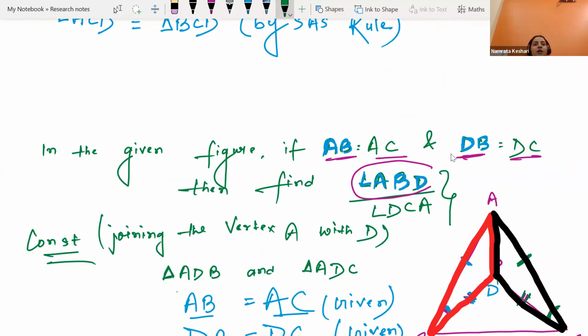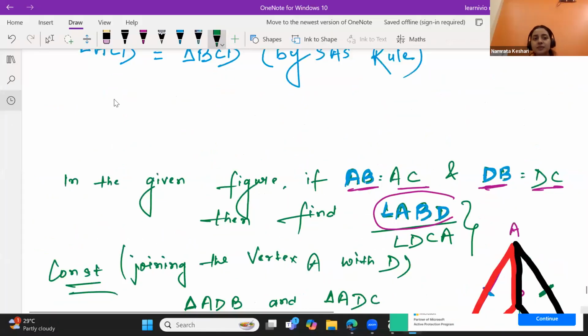Whatever information is given in the question, you are supposed to use it. When I was very small and I used to like maths very much from the very beginning, one of my friends came and said that I know how to solve any question in mathematics.